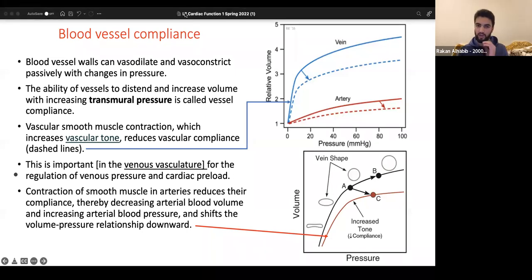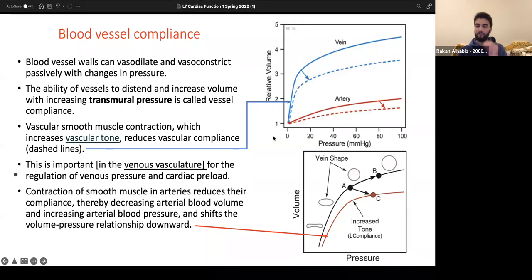So does everyone get what I'm saying here? If I add 1 liter in the arteries, it will cause, for example, a 3 millimeters of mercury increase in pressure.